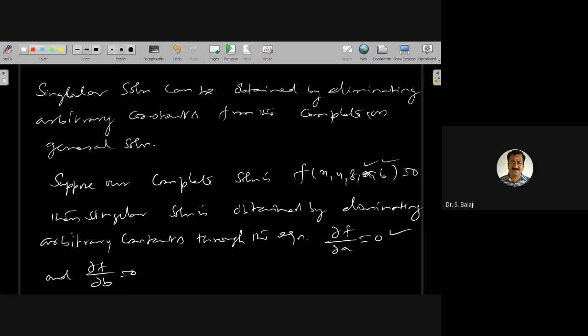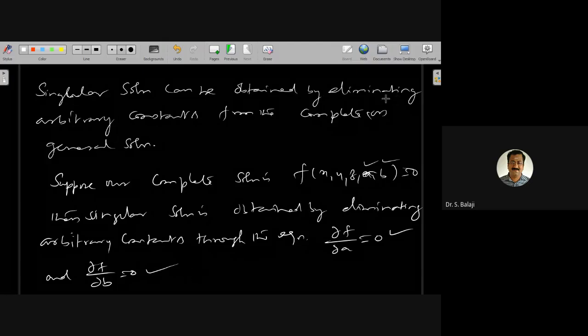You have to differentiate partially with respect to one arbitrary constant and the other arbitrary constant. You get two equations here. With the help of these equations, you eliminate the arbitrary constants and get a relationship. That relationship is called what? Envelope.